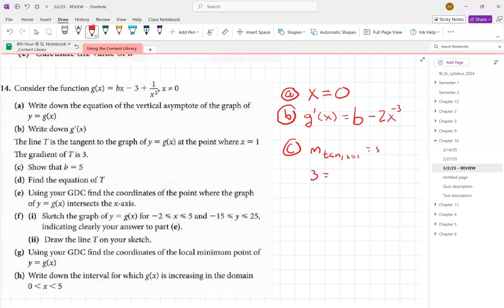That tells you that 3 is equal to g prime of 1, right? So 3 is equal to b minus 2x to the negative 3. So b is 5.